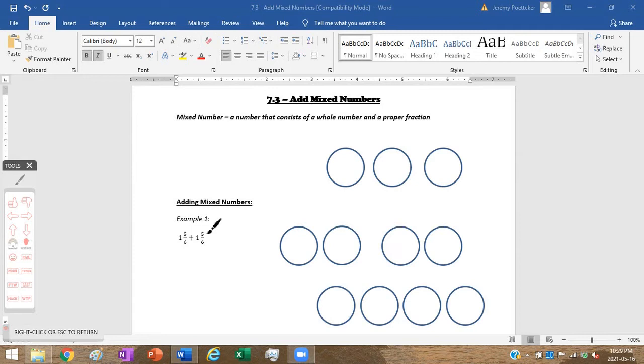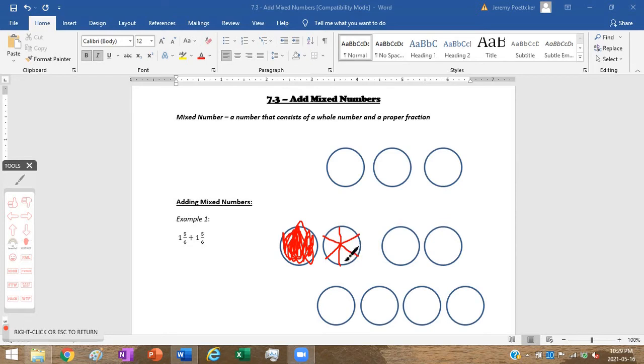All right. So we've got an example here: 1 and 5/6 plus 1 and 5/6. So let's draw it out or make our diagram. So I've got 1 and 5/6. I'm going to start by dividing this into thirds fairly well, and then just dividing each of these pieces in half.